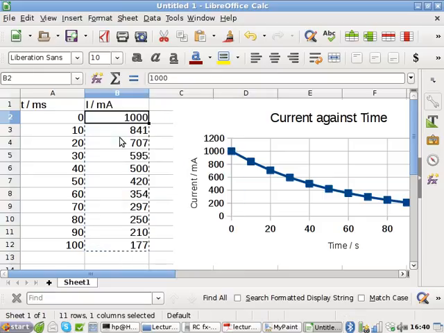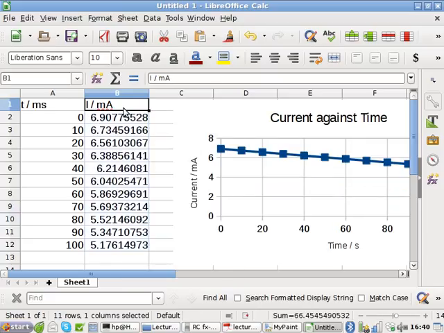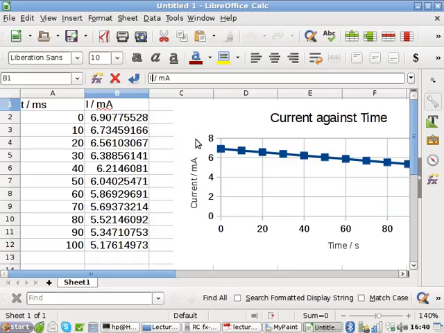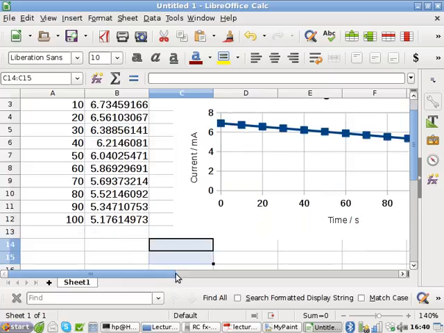Delete, escape, paste. And now it's not I, but instead it's log I. So we get this nice straight line graph.